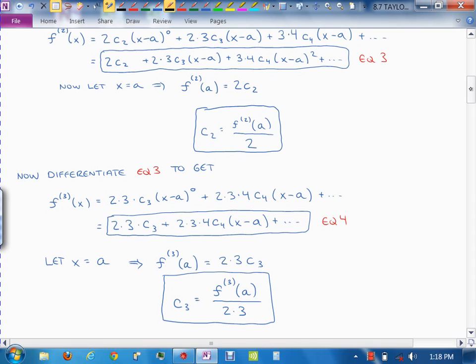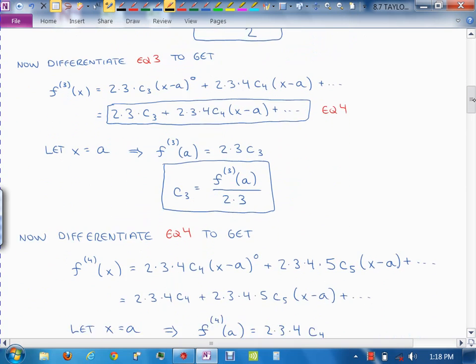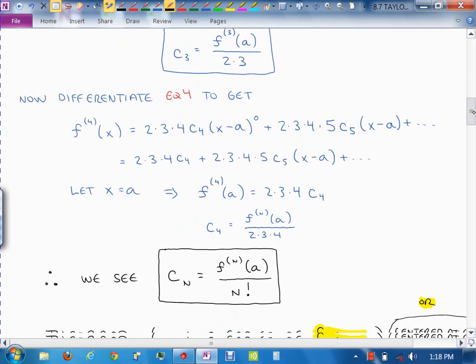Without even doing all this work, what do you think the next one's going to be? What's c sub 4? The fourth derivative of f at a divided by 2 times 3 times 4. The fifth one would be the fifth derivative of f at a over 2 times 3 times 4 times 5, right? It's a factorial. 2 times 3 times 4 is the same as 4 times 3 times 2 times 1, which is 4 factorial.